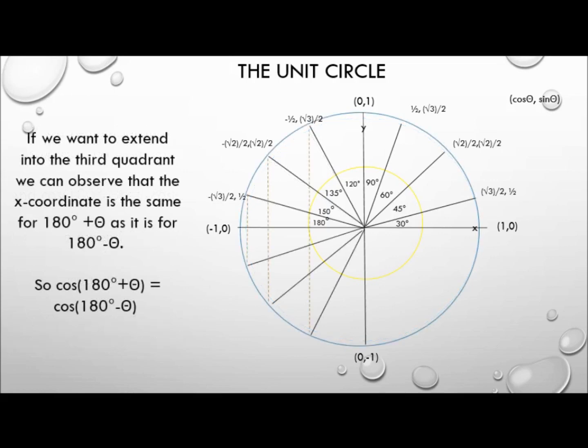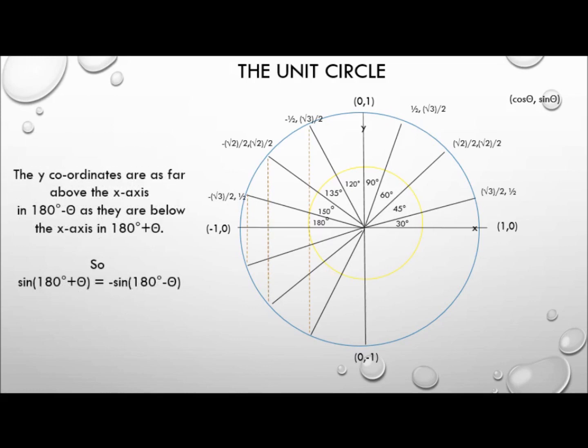If we want to extend into the third quadrant, we can observe that the x-coordinate is the same for 180 degrees plus theta as it is for 180 degrees minus theta. So the cosine of 180 degrees plus theta is equal to the cosine of 180 degrees minus theta.